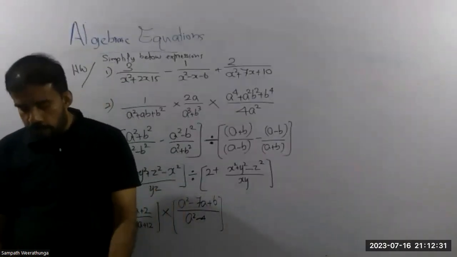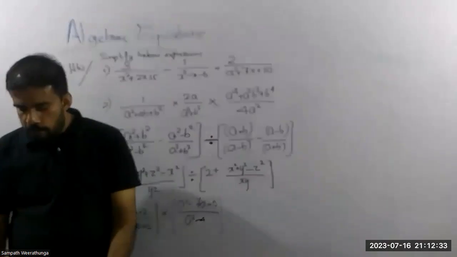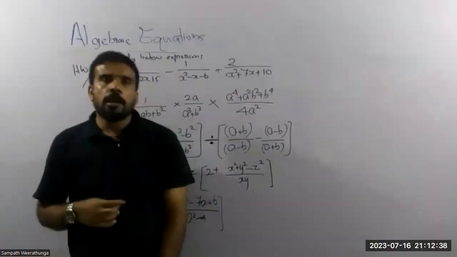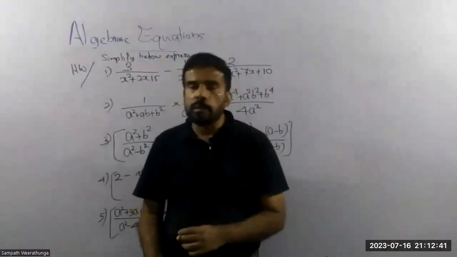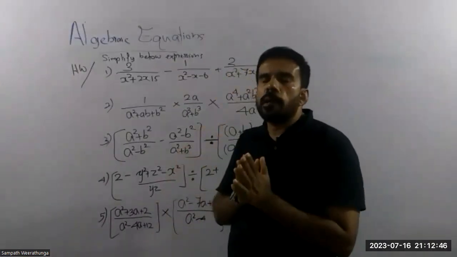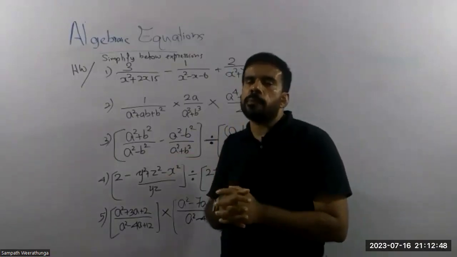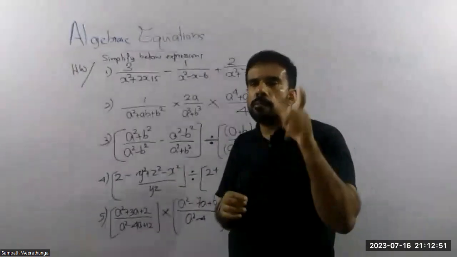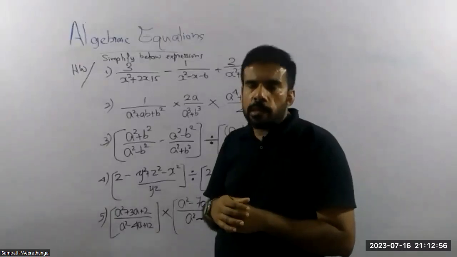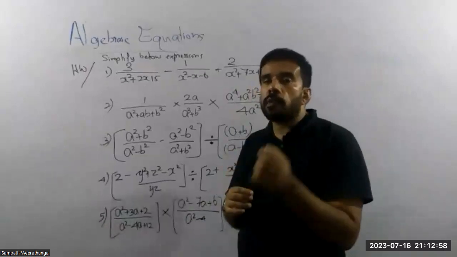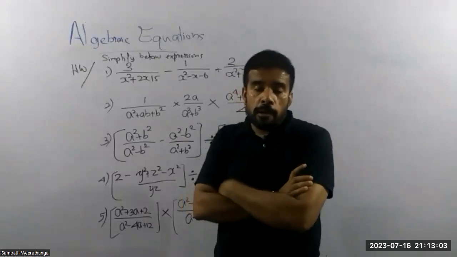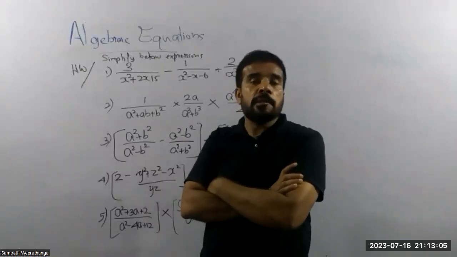We'll discuss the other things next day. I hope you understood what we discussed so far, especially the lowest common multiple for algebraic expressions, then the difference of squares, the addition and difference of cubes, and their further simplifications.